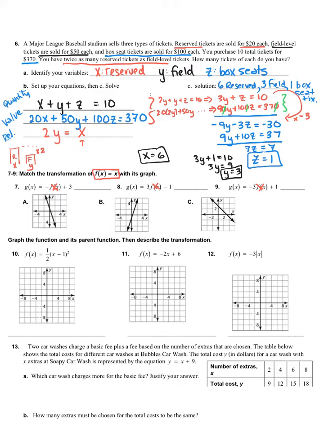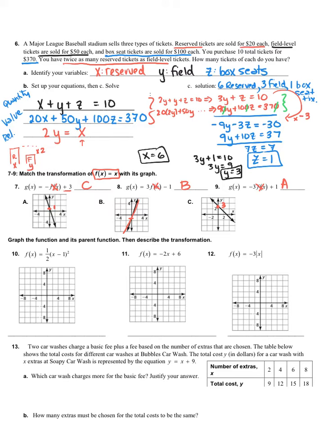In this first one, notice I have a negative slope, but I'm crossing at a positive 3, so that would go with graph C. So a negative slope crossing at 1, and look, it has a steeper slope, a negative 3, that's going to go here. And by default, the one with a positive slope crossing at negative 1, that one is B. So nothing terribly interesting in that problem.